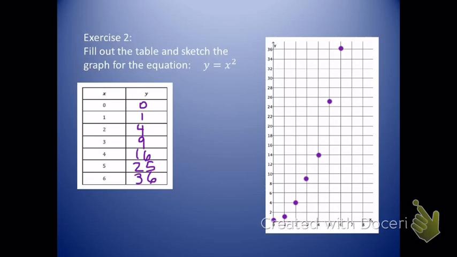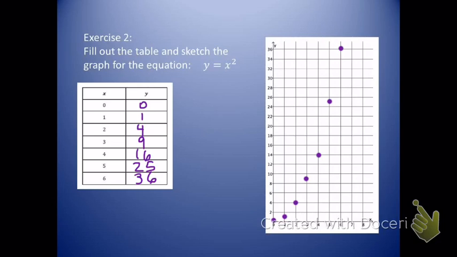Okay, so one of the questions you're asked with this is, is this a linear function? And maybe you can see that this is not linear. These points are actually curving up. This graph is getting steeper and steeper.